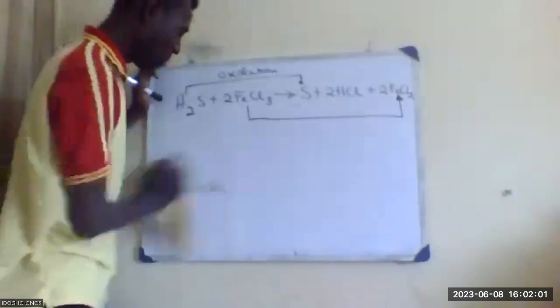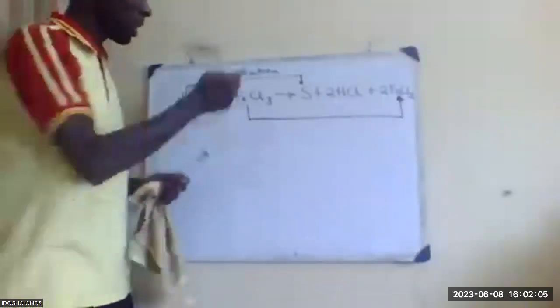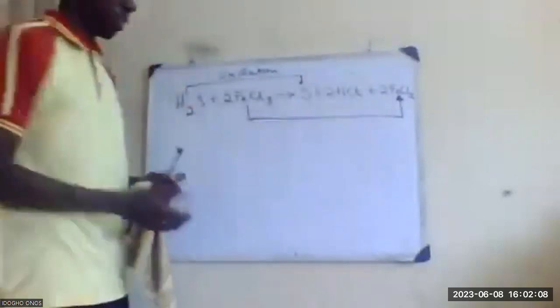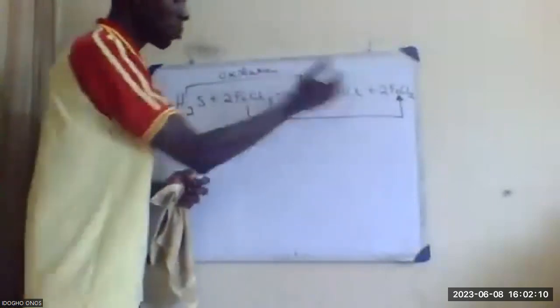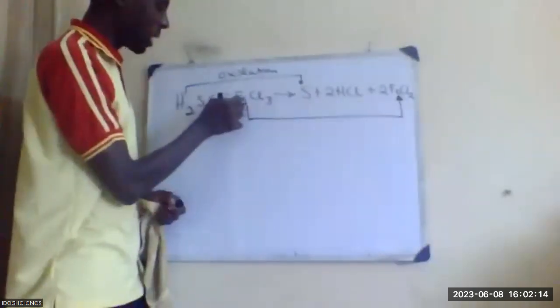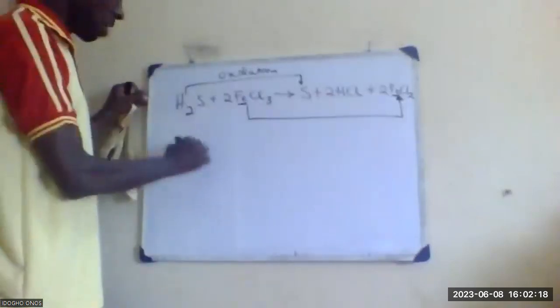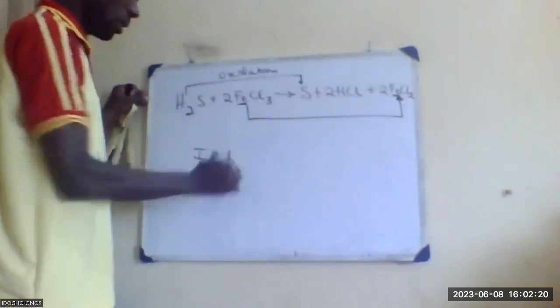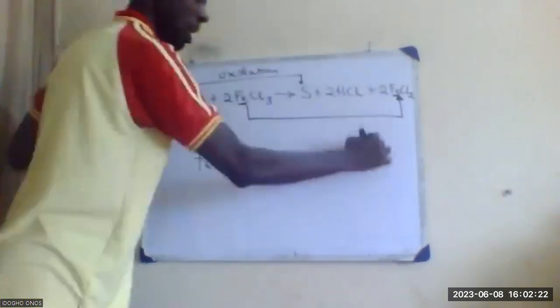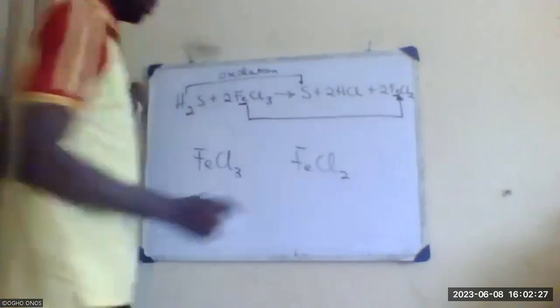Okay. So next, the issue is, how do I know that this one was linked to this? And how do I know that this undergoes reduction or oxidation? Let's look, I will underline this Fe and also underline Fe here. This is FeCl3 and this is FeCl2.